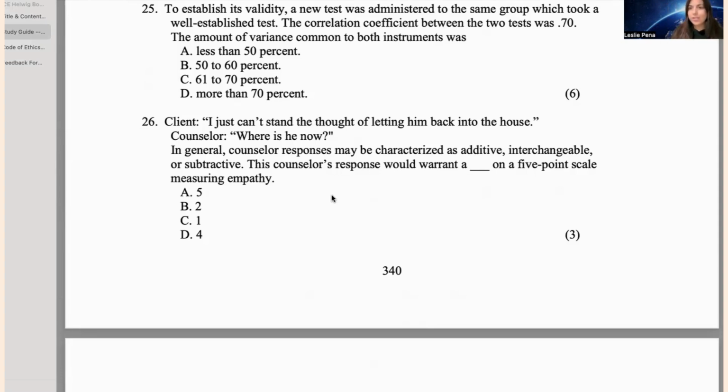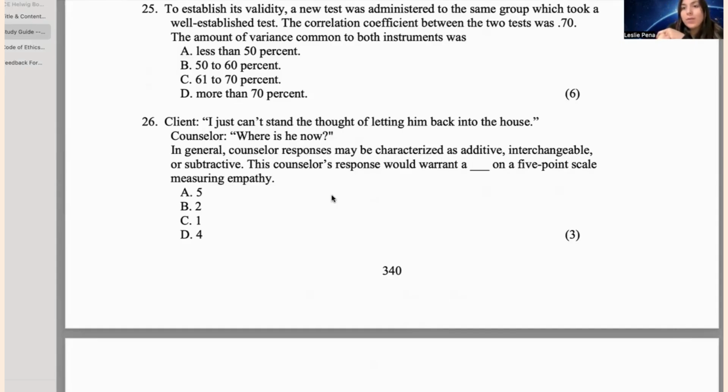So imagine you just said this to your therapist and they respond with this. How empathetic do you think that is? The answer is 1. It's not empathetic. It just doesn't target the difficulty, you could say.